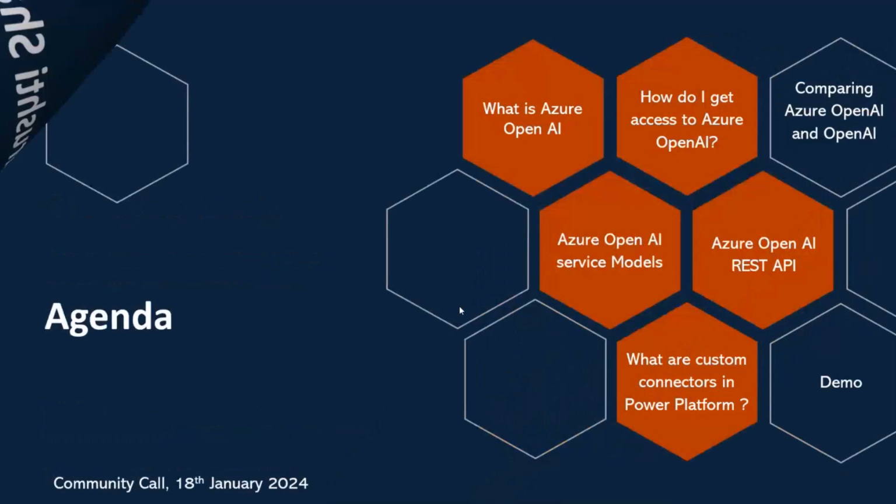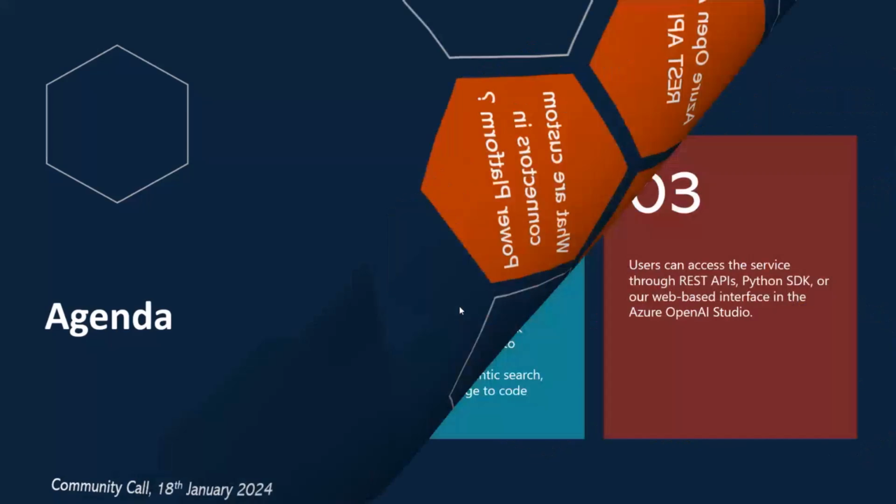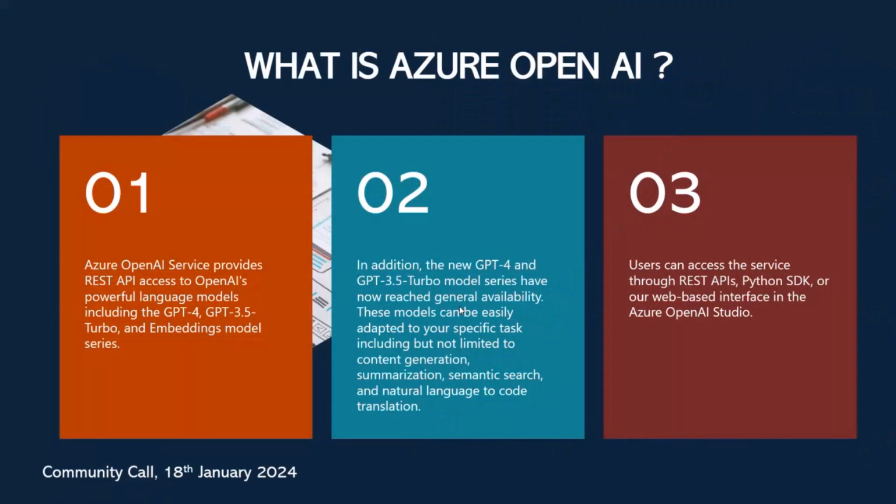I'll quickly start with Azure OpenAI, giving some little background around what it is and what kind of models it provides, so that we can understand how to consume the Azure OpenAI service. Quickly starting with what is Azure OpenAI: it is nothing new. Azure OpenAI is built on top of OpenAI, and it provides different kinds of models, such as GPT-4, GPT-3.5 Turbo, the embeddings model, and DALL-E is one such as well.